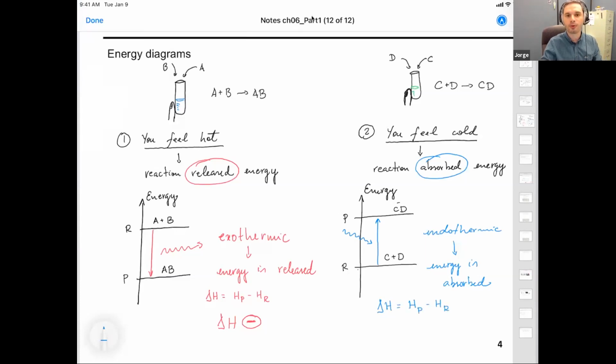Or you can also read that as the energy of the products minus the energy of the reagents. For now, our goal is to determine the sign of the enthalpy. Is it going to be positive or negative for the case of endothermic reactions?